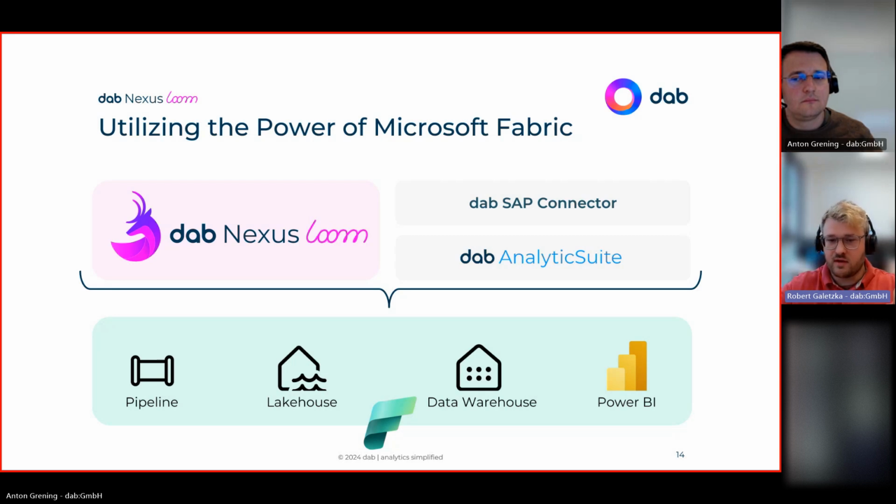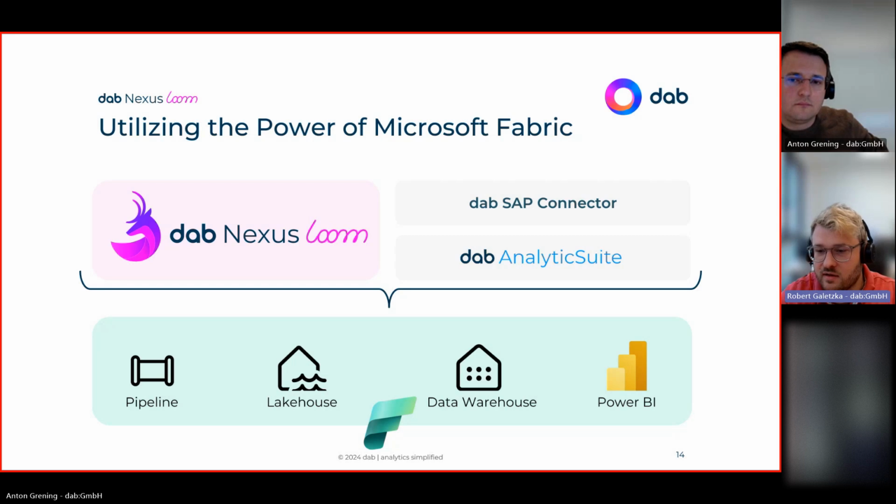But on top of it, we have DAB Nexus Loom sitting. That's our SaaS solution, where you administer everything of your organization in terms of your workspaces, your users, and what kind of things you want to run on Loom. And in the back, we have some tools running from DAB as well: our SAP connector that extracts the data, and our analytic content that you mentioned, Anton.